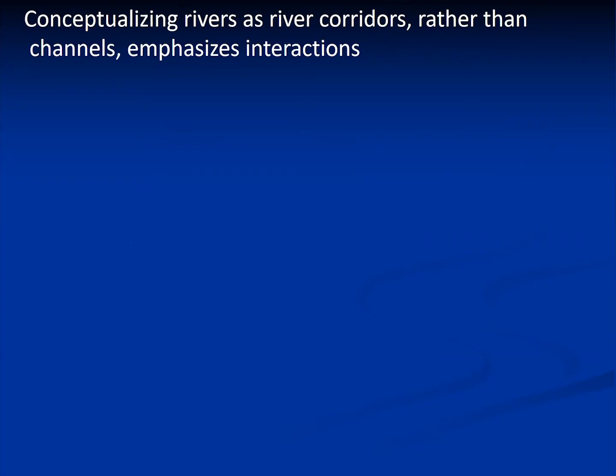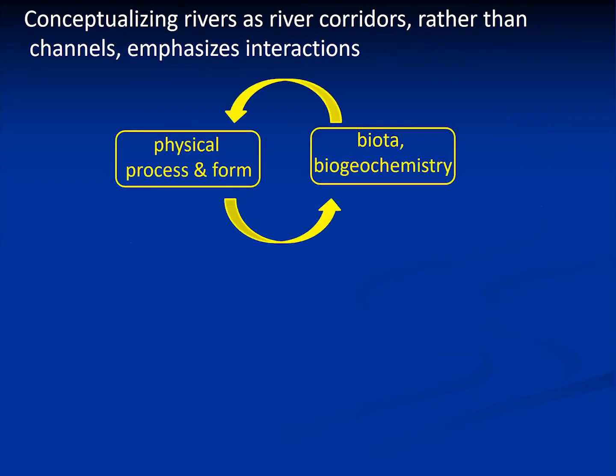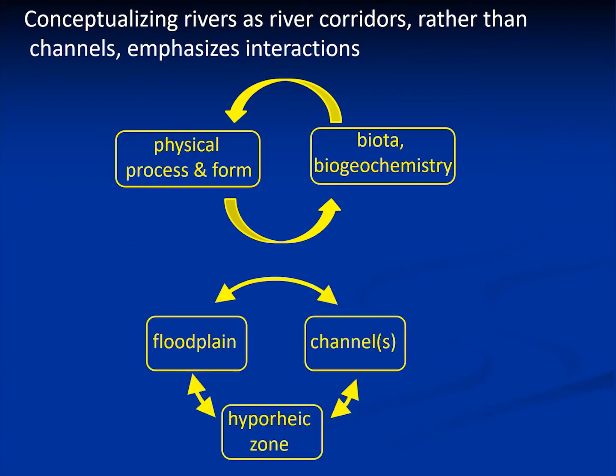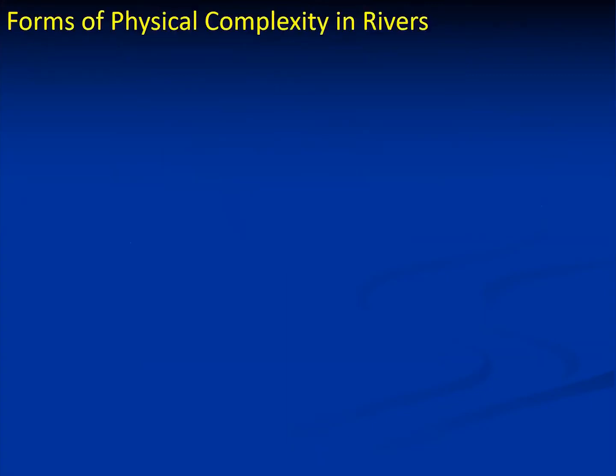So I think if we conceptualize rivers as river corridors rather than simply channels, then it can be easier to think about the interactions between physical processes and forms, chemical aspects like water quality, nutrient uptake, and the biota in that river corridor. I think it also really helps to be very explicit about the interactions between the channel, floodplain, and hyporheic zone if you're talking about a river corridor.